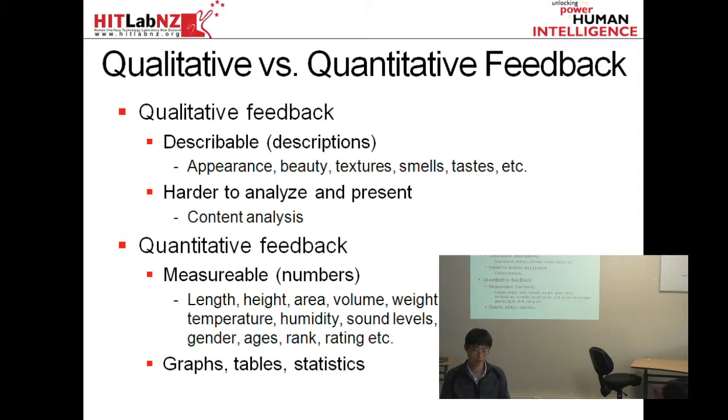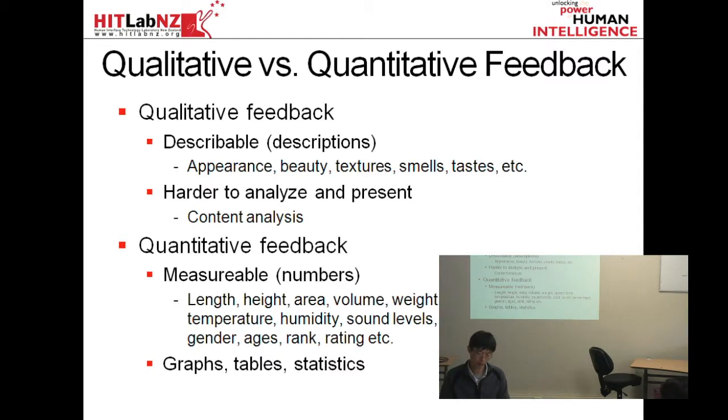For example, appearance: does it look big, small, or medium-sized, or how beautiful it is, which you have to describe in your words. But the downside is that it's hard to analyze, because it's a described sentence. You have to read and comprehend it, and then analyze it in a more complicated way.